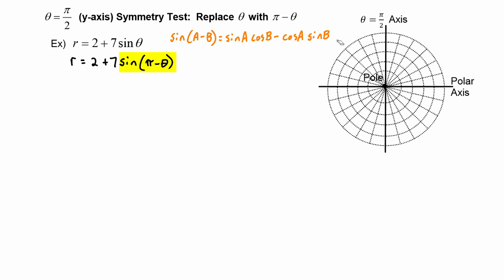And let's get this into our equation here. So this becomes r is equal to 2 plus 7 times the quantity sine of pi cosine theta minus cosine of pi times the sine of theta.